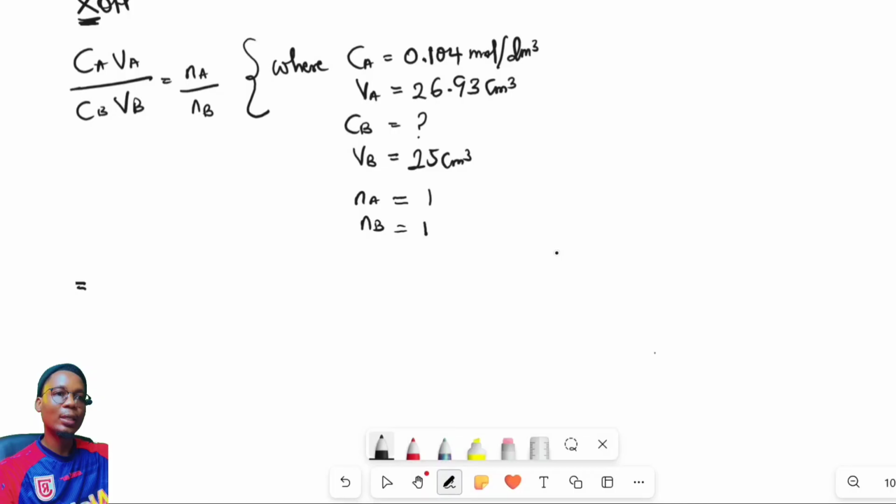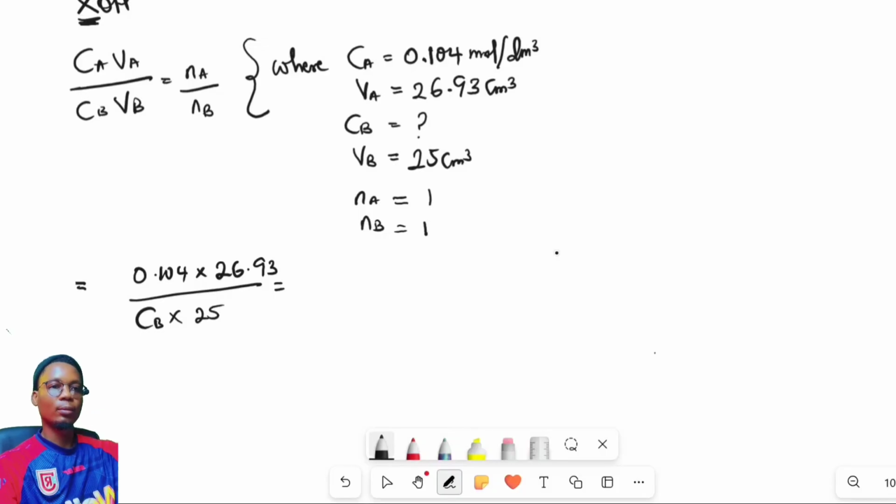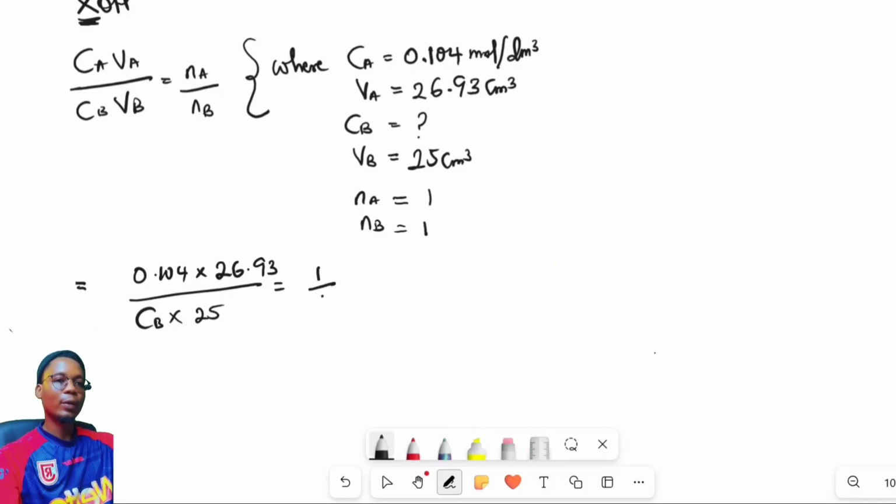So our CA already is 0.104 multiplied by 26.93 all over CB multiplied by 25 is equal to 1 over 1. So we can cross multiply quickly. So we have 0.104 multiplied by 26.93 equal to CB times 25.